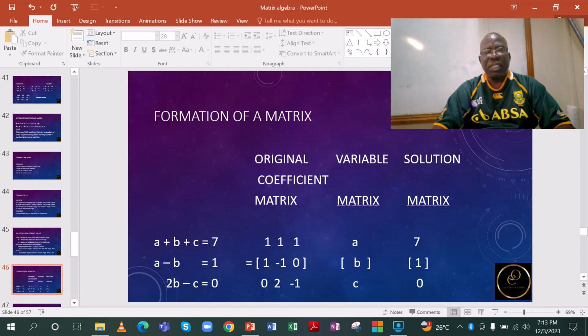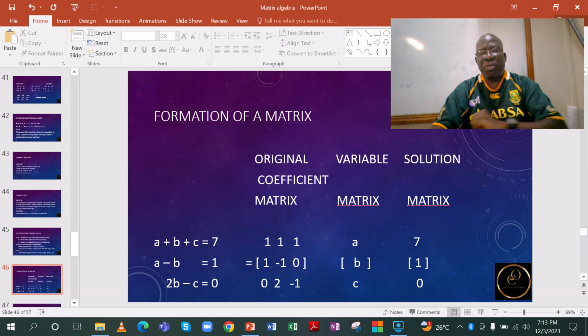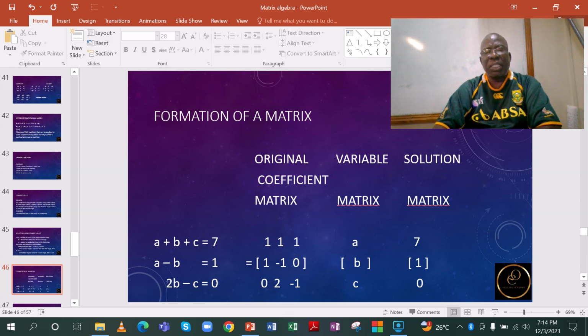For the third one, there is no A, therefore coefficient 0, the coefficient of B is 2, and the coefficient of C is -1. So we have generated the original coefficient matrix as 1, 1, 1, 1, -1, 0, 0, 2, -1.